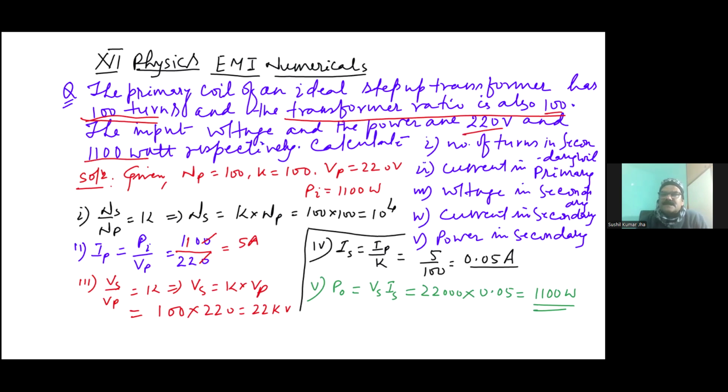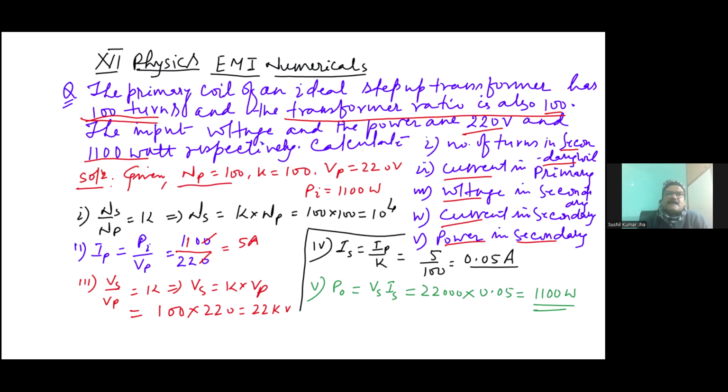Number of turns in the secondary coil, current in the primary coil, voltage in the secondary, current in the secondary, and power in the secondary coil. 5 चीजें पूछ रहा हमसे। सबसे पहले लिखते हैं गिवन। तो क्या क्या गिवन है? ट्रांसफार्मर हैज 100 टर्न्स, so number of turns is 100 in primary, and transformer ratio is 100, so K is also 100.